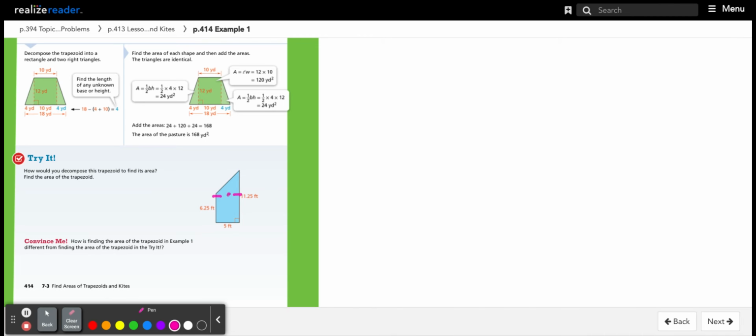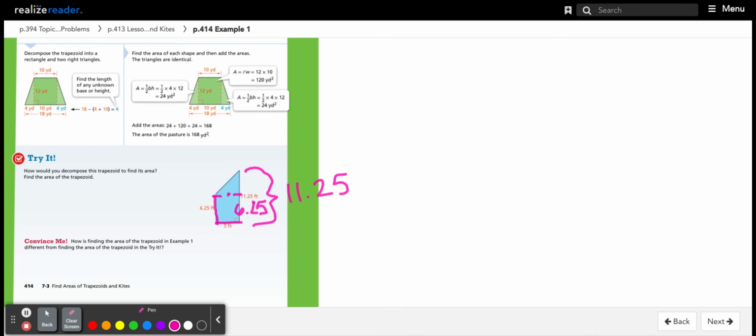So my rectangle would be a base of 5, a height of 6.25. Well, this whole side is 11.25. I know that the bottom part is 6.25.